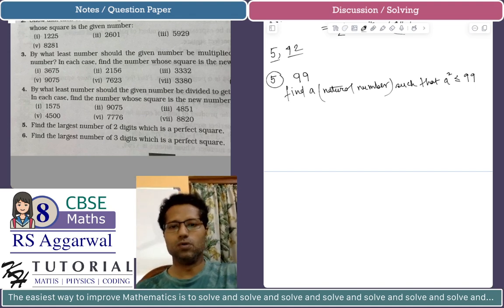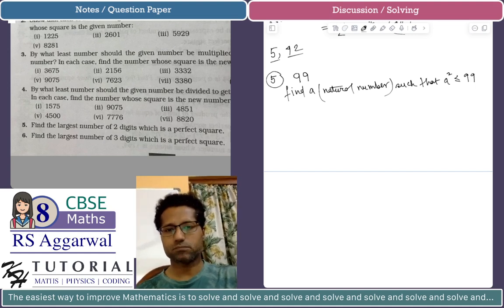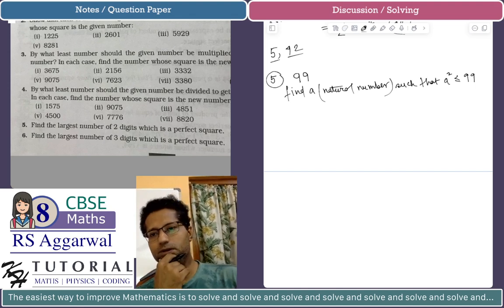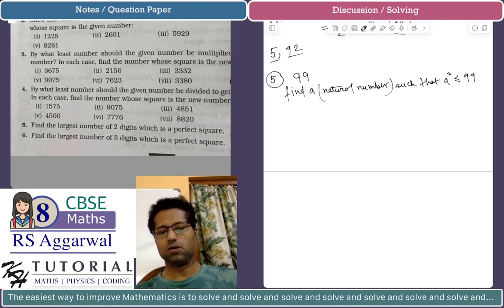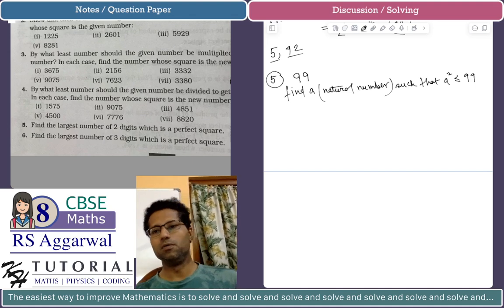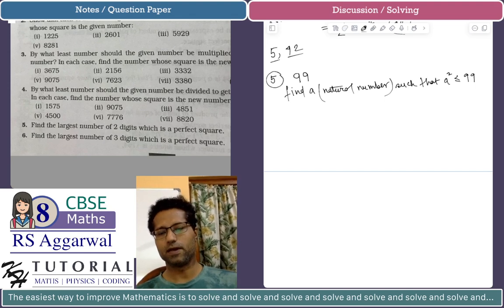So we need to find a such that a square will be less than or equal to 99. Now what can a be?